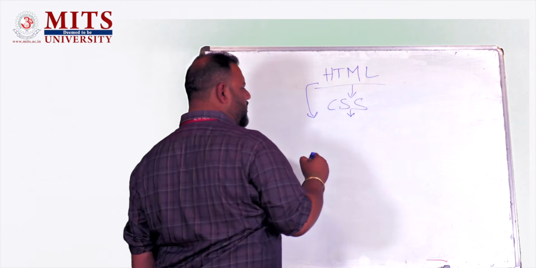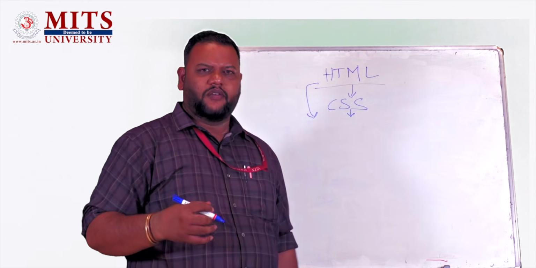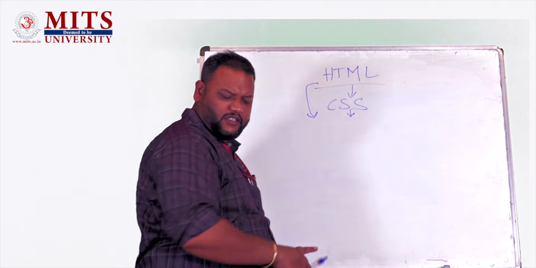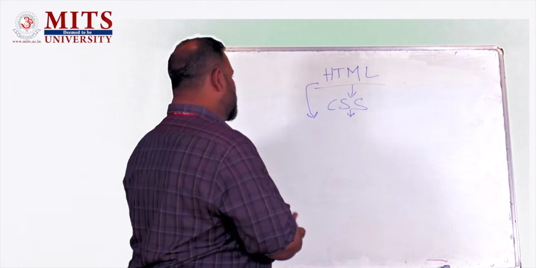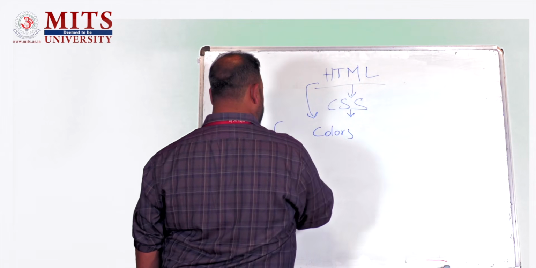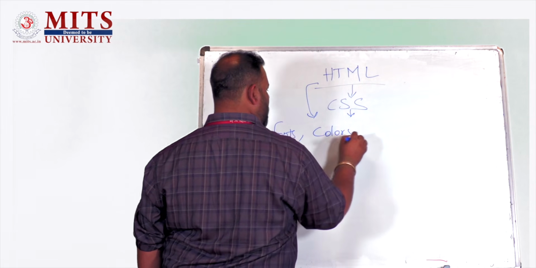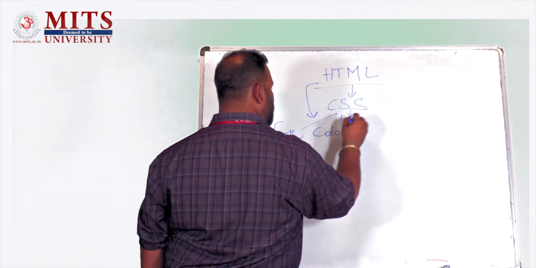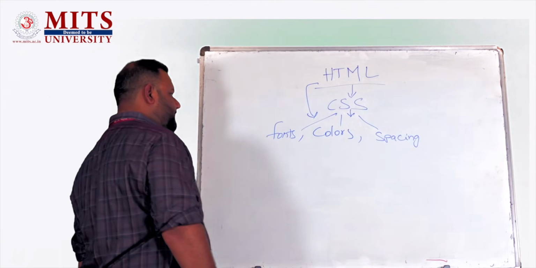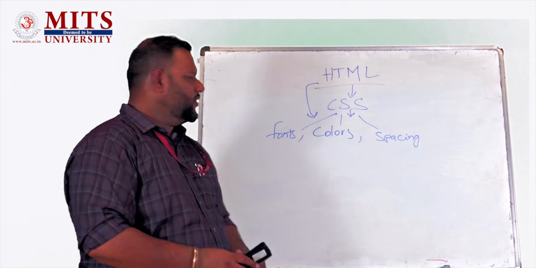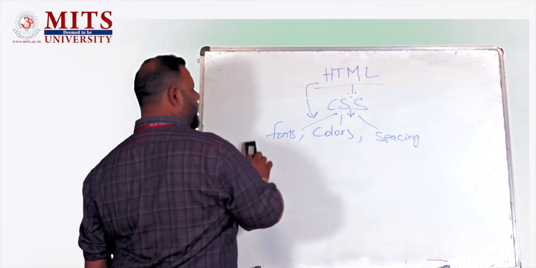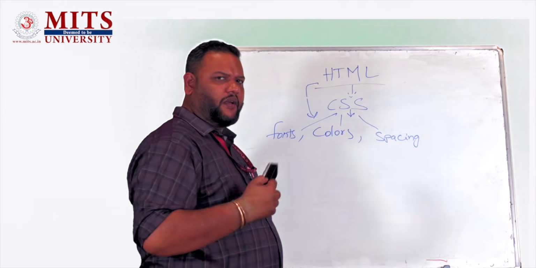It is going to be visually improved, and better for the user to identify the sections and parts. That includes fonts, colors, and spacing. So the job of CSS is to deal with these three sections to make it better and clear.